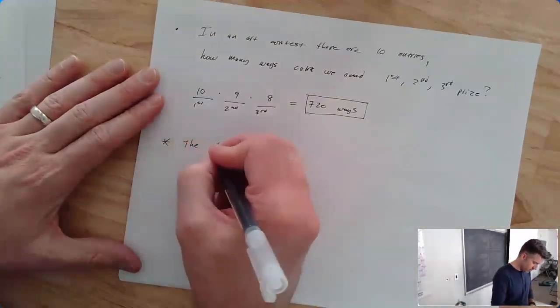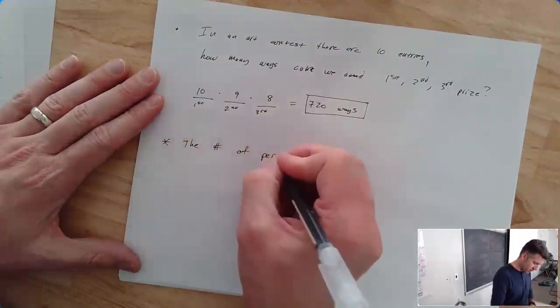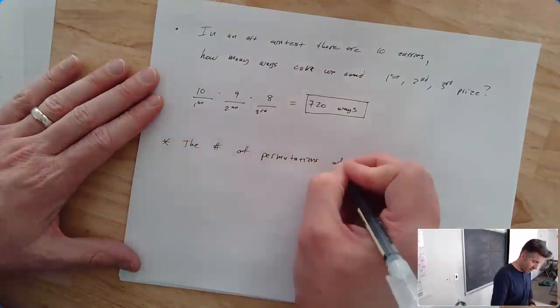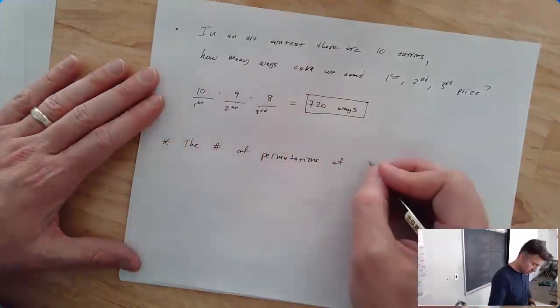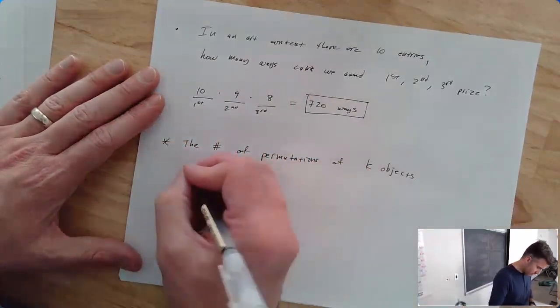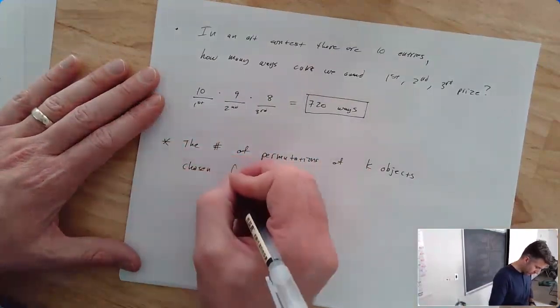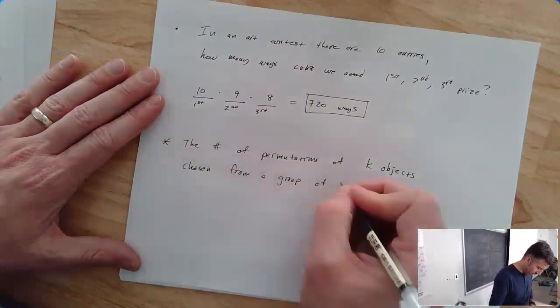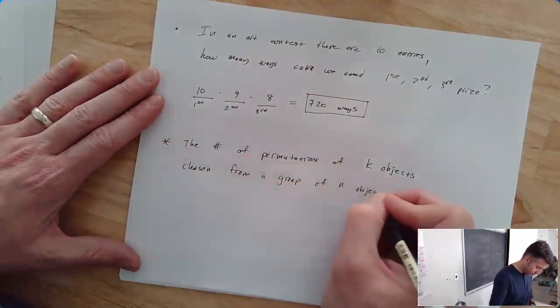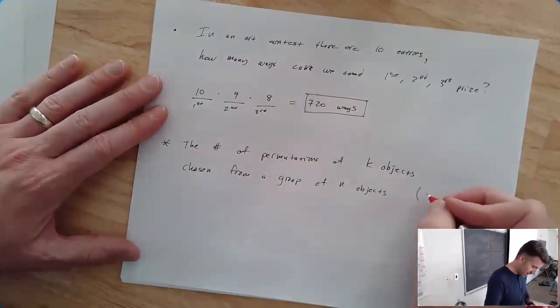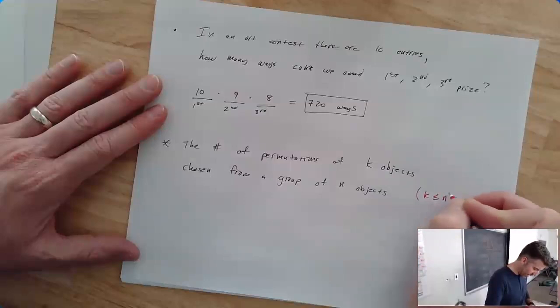The number of permutations of, now be careful with the numbers here, k objects chosen from a group of n objects. It should be noted that k should be less than or equal to n. Right?